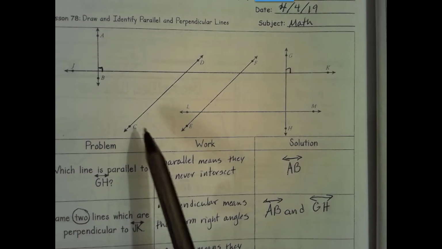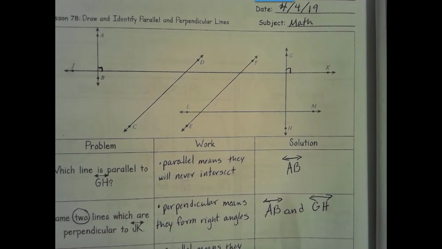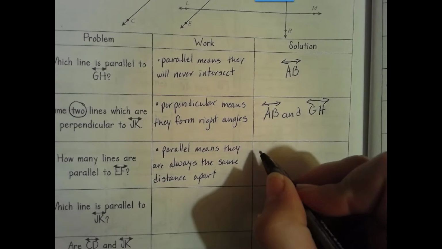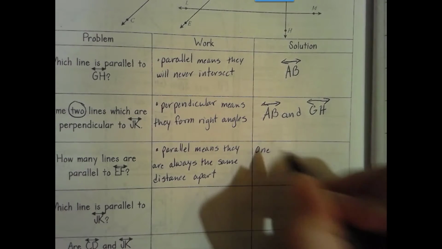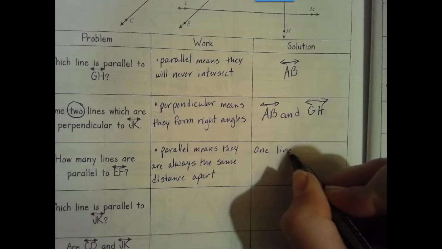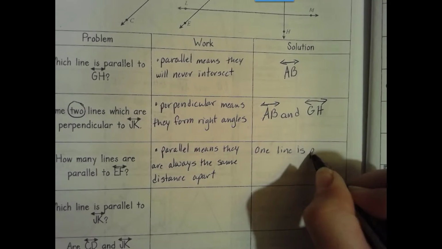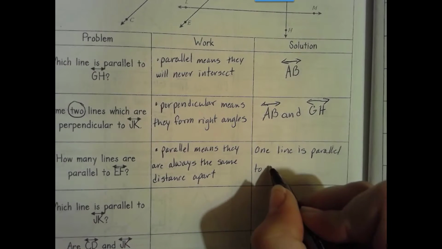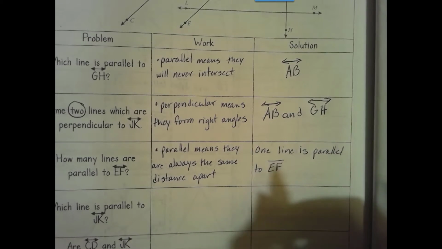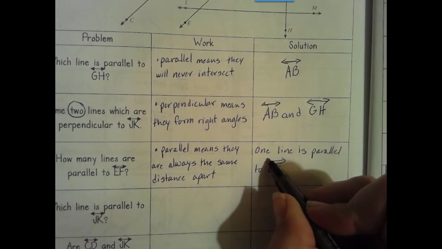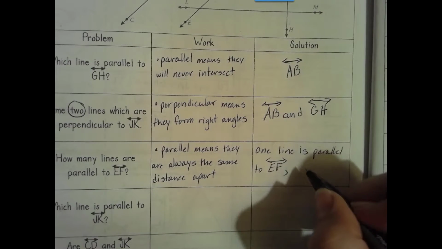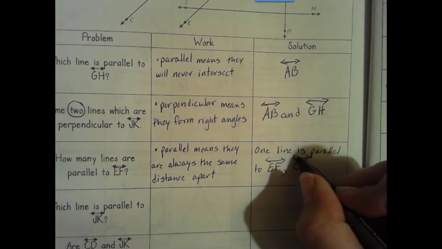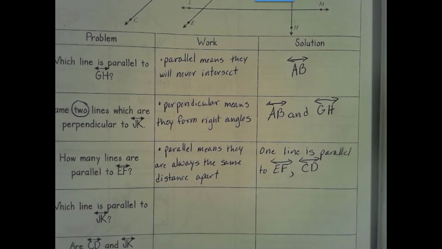So it looks like there's only one line to which it is parallel. So one line is parallel to EF, and that is CD. Line CD is parallel to line EF.